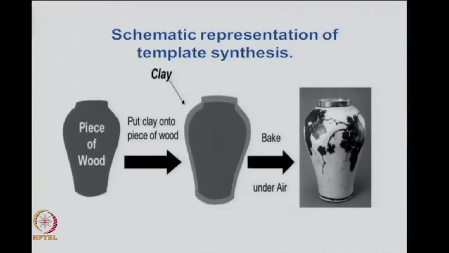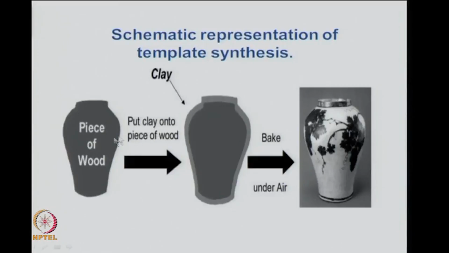So, this is precisely what you are going to do in a template method. You are going to use a template and put some material which is clay in this case. In our case, you may use any nanoparticle, any other material which can be a liquid which will form a shape. The shape is being given by the template.